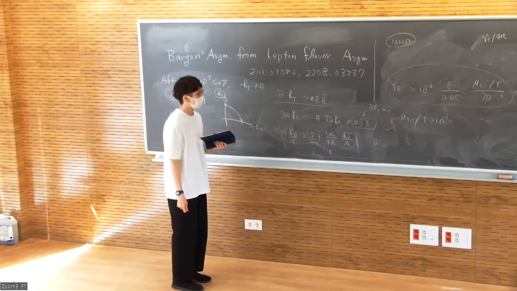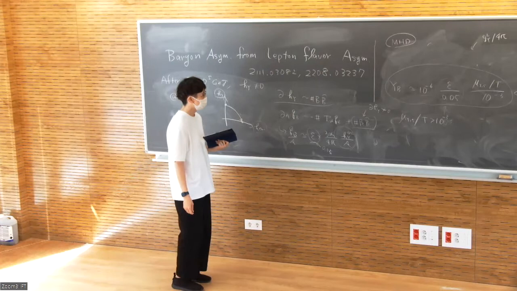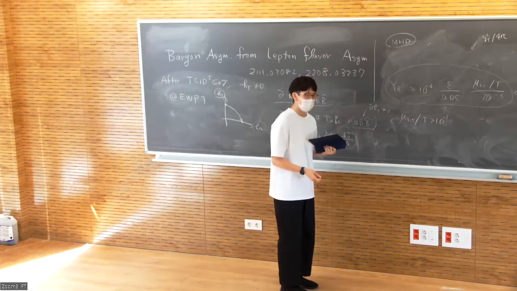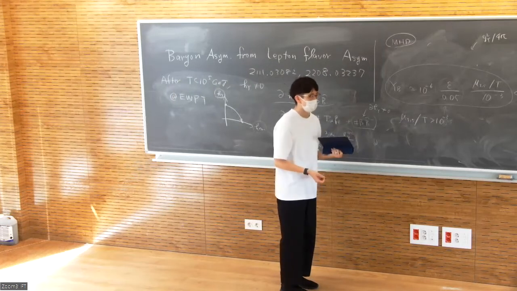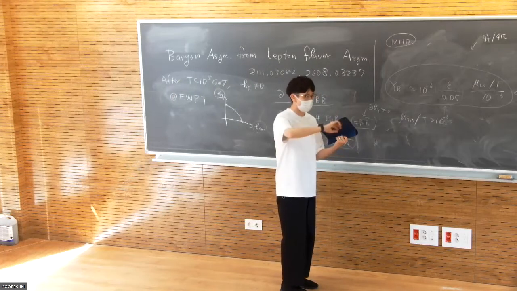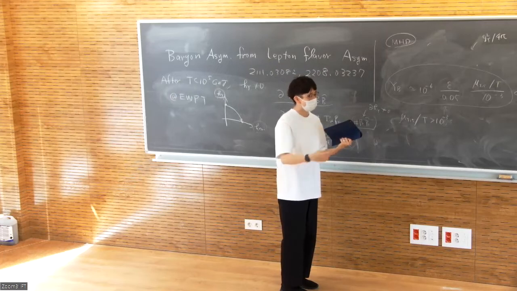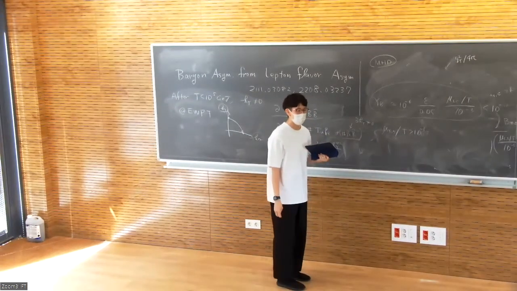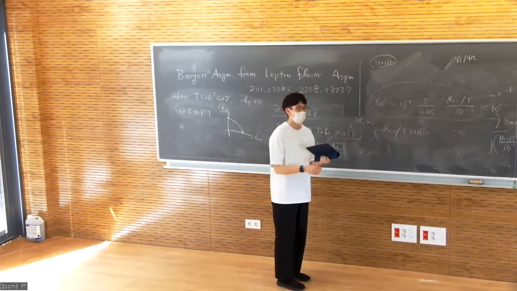Another thing I skipped is that the system enters the turbulent regime. It is known in MHD numerical simulations that if the system enters the turbulent regime, the system has a large coherent magnetic field.